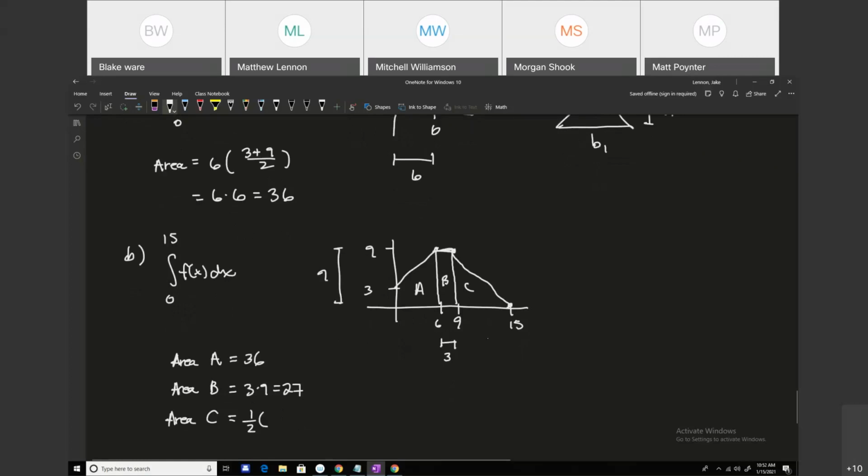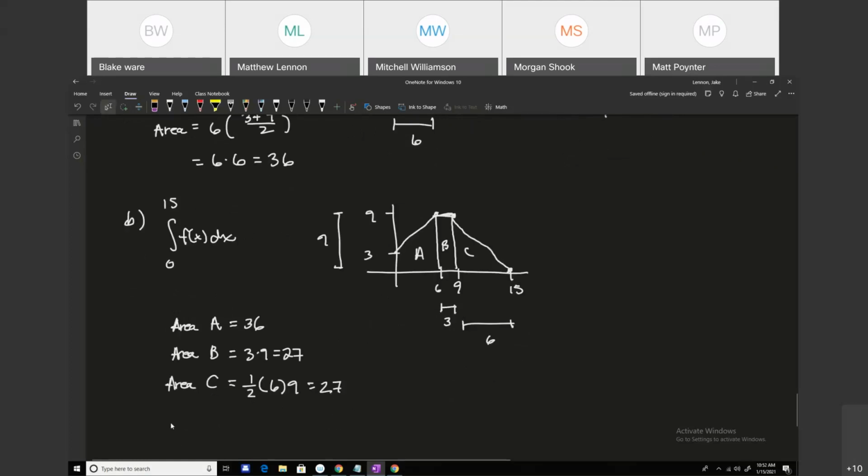The base is 15 minus 9, so the triangle has a base of 6 and a height of 9. So again, that's 3 times 9, so that's 27 as well. So the total area is 36 plus 27 plus 27, which is what, 90? I think 90.